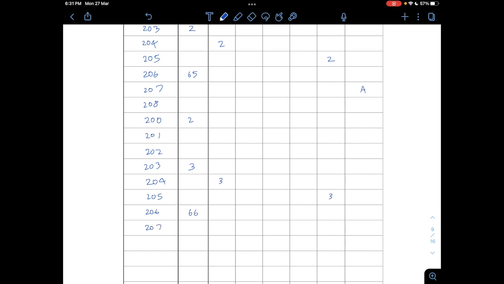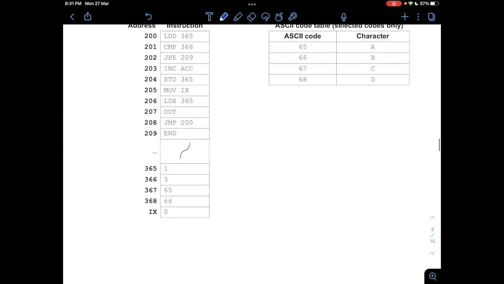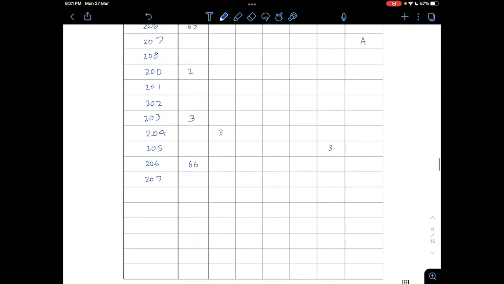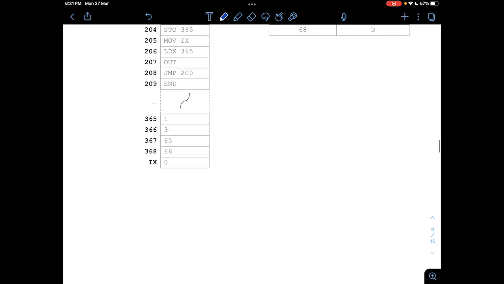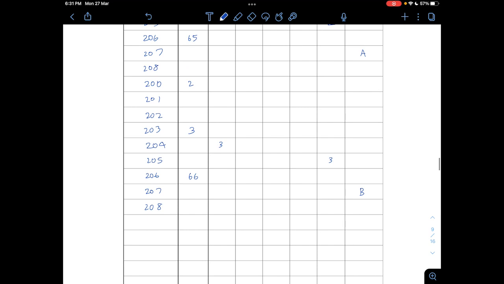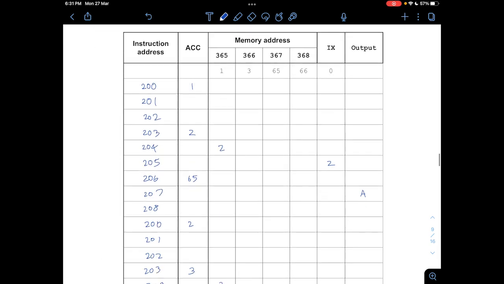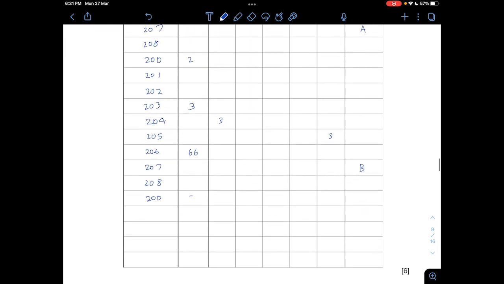And then 207 is output. So if you look at the ASCII code, 66 would be B, right? So it's going to output B. Okay, now 208. 208 is asking us to jump to 200. So okay, we jump to 200. So 200, and then now we need to load 365 again. 365 is 3, so here's 3. And then 201.